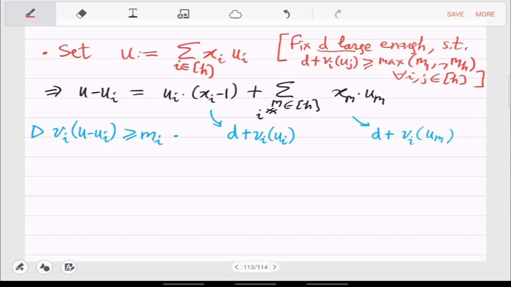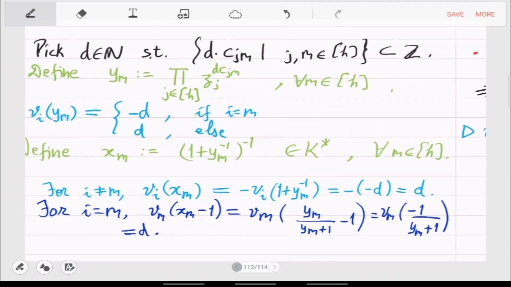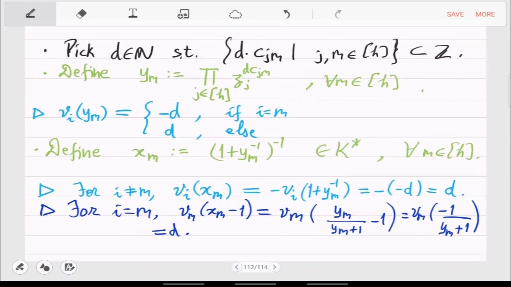Is this fine? So if I pick d to be a big enough number, then actually we had already fixed d. We also had said that pick a d such that d times cjm are integers, but there are many such possibilities for d. So you keep on increasing d such that all these constraints are satisfied.